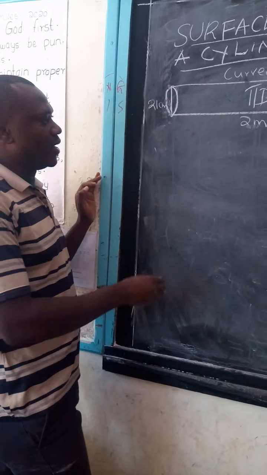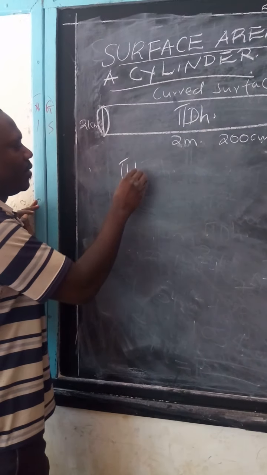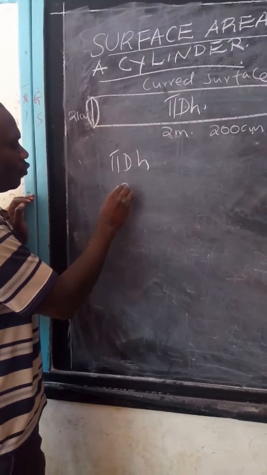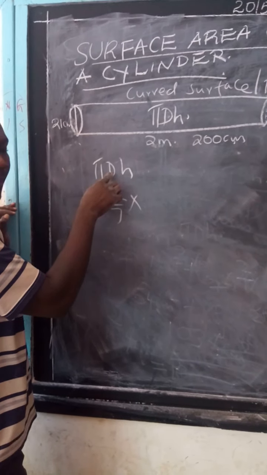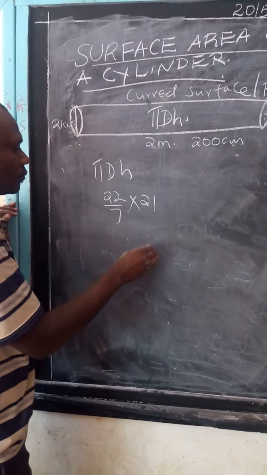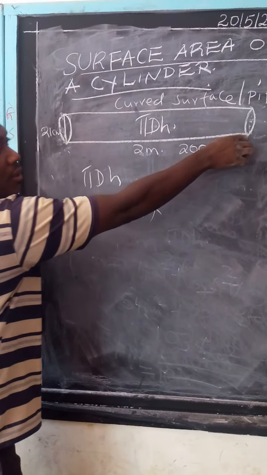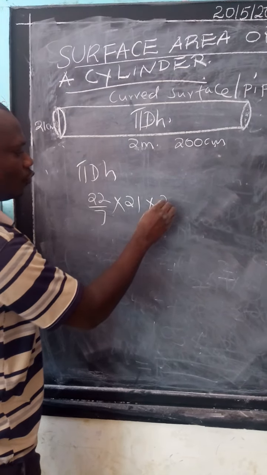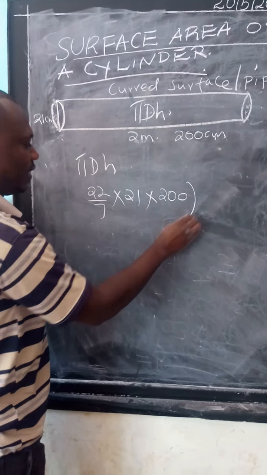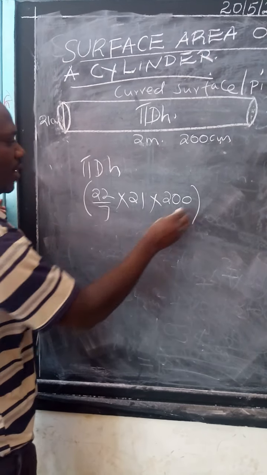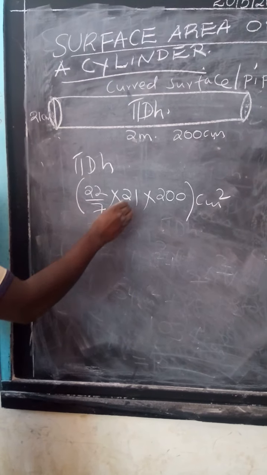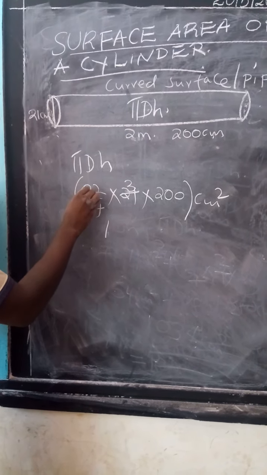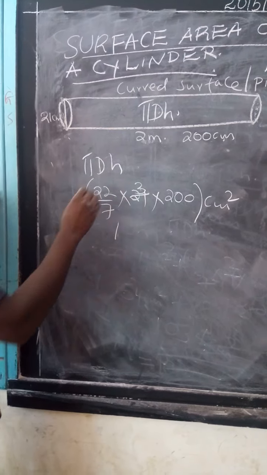Now let's start working out. Pi dh is our formula. So 22 over 7 by diameter, which is 21, by height, which is 200 centimeters. So everything here is squared. So 7 1, 7 3. 22 by 3 is 66.